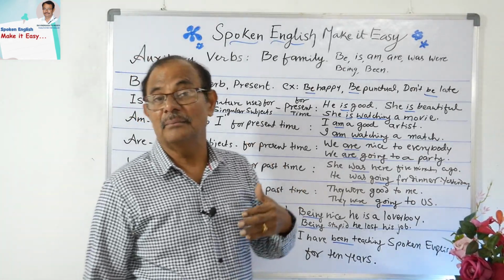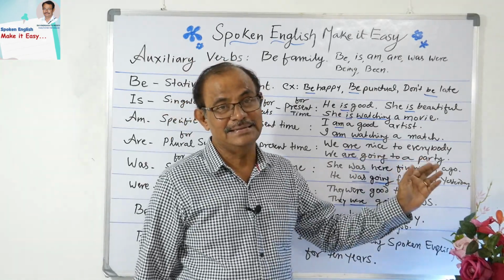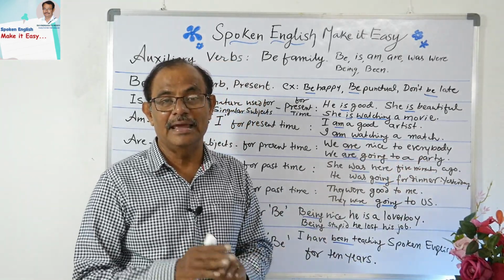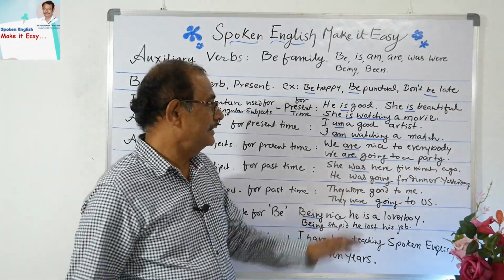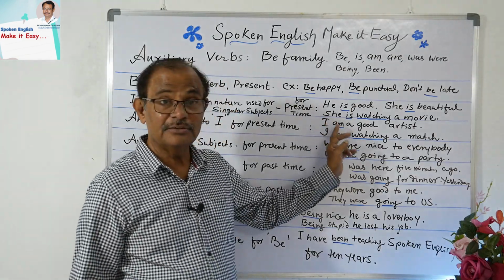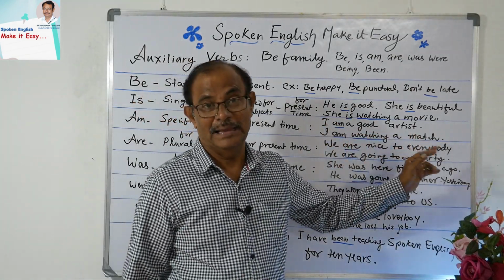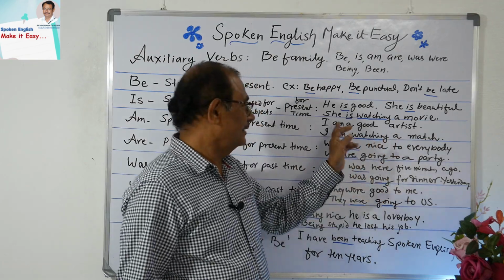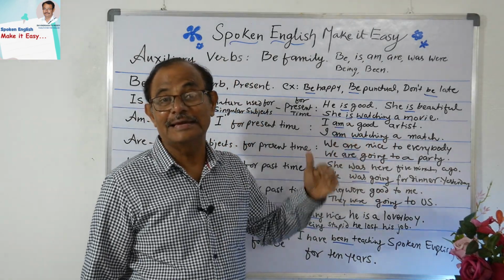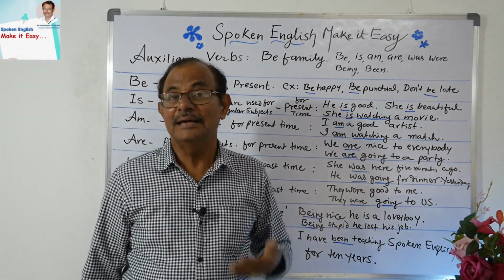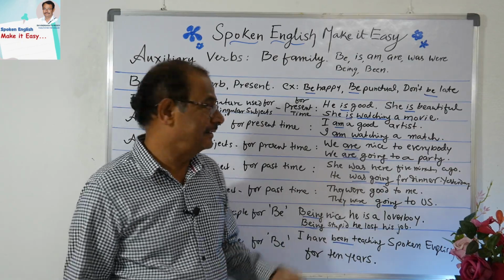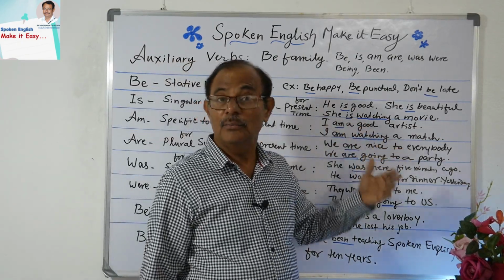Here is is used as a main verb in these sentences, and it doesn't require any other main verb. See the second sentence, she is watching a movie. In this sentence, is is also used, but as an auxiliary, not as a main verb. He is watching a movie.